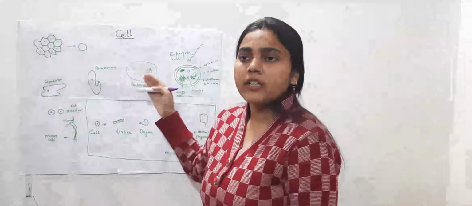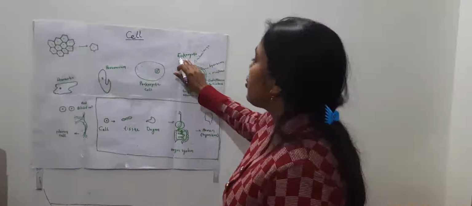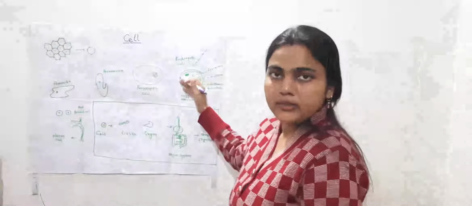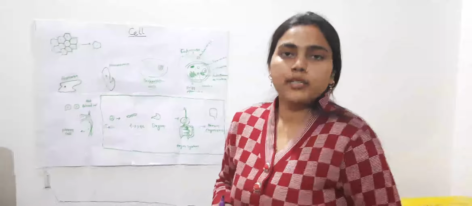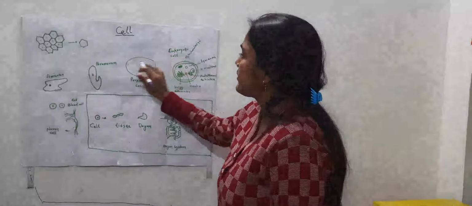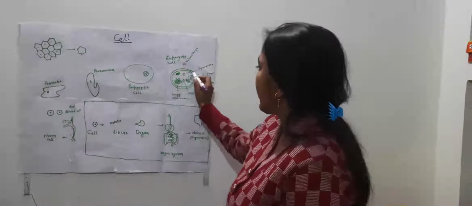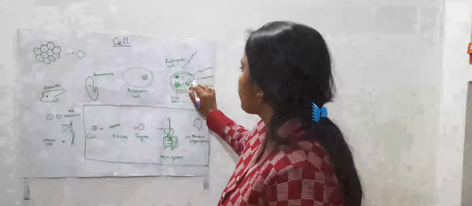These cells come first in the process of evolution. And this is a eukaryotic cell. Eu means true and karyotic means cell. Eukaryotic cells are considered the true cell, and both cells are composed of three parts: cell membrane, cytoplasm and nucleus. And here they are: cell membrane, cytoplasm and nucleus.